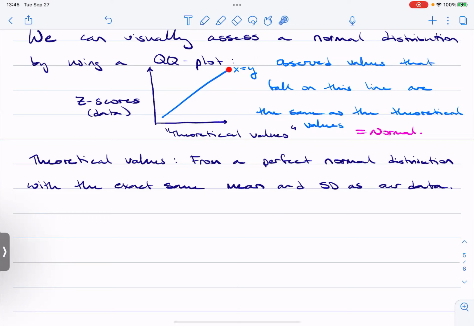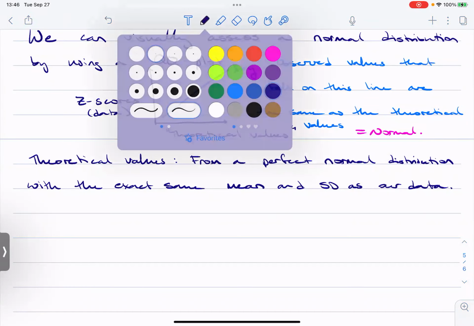We do allow some deviation in the tails because the tails are unpredictable. So we allow a little bit of action in the tails, but for the most part, if we have a normal distribution, then all those points should be on this straight diagonal line. Okay.